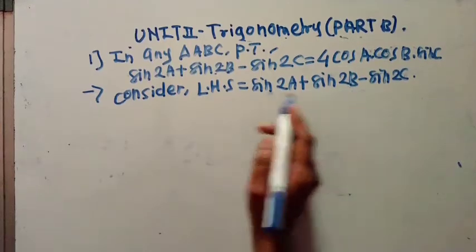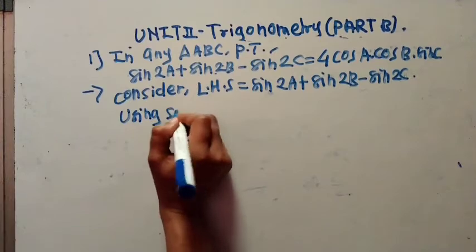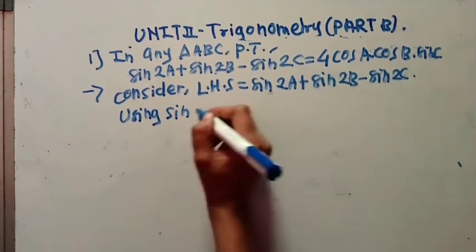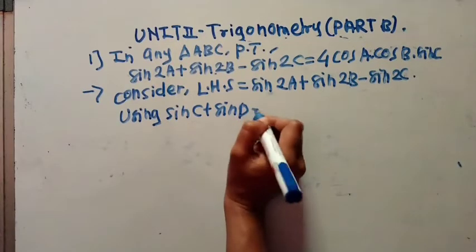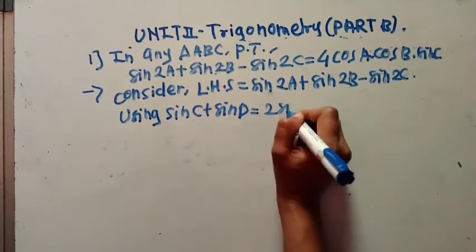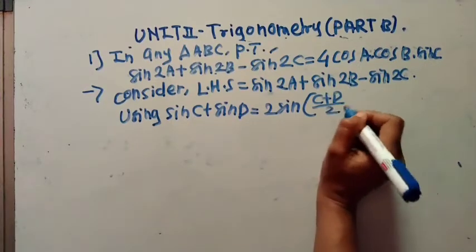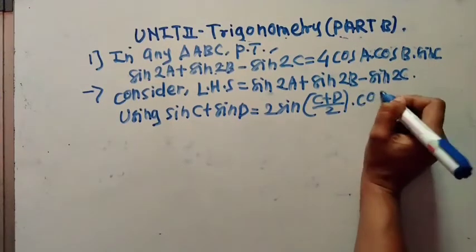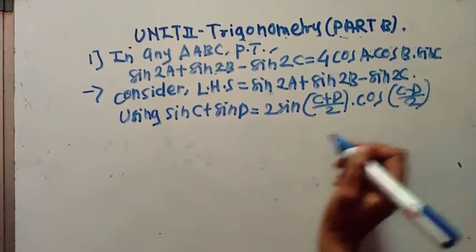Then using the formula sin C plus sin D is equal to 2 sin((C+D)/2) into cos((C-D)/2).